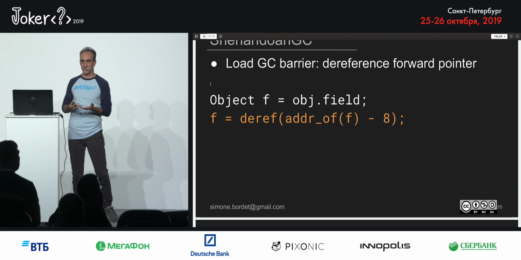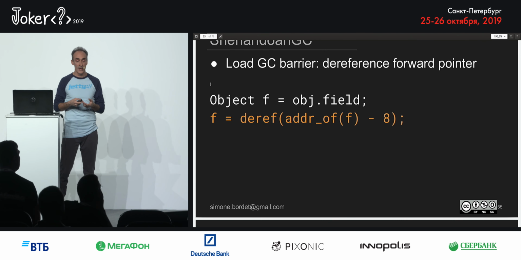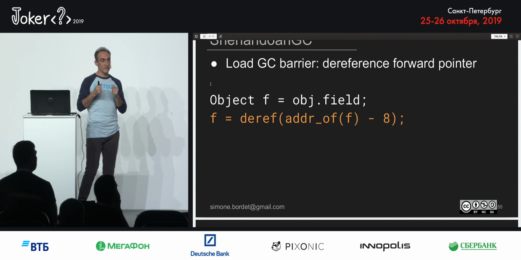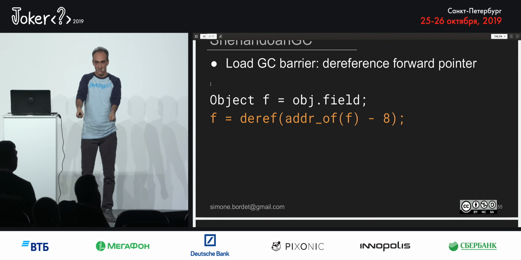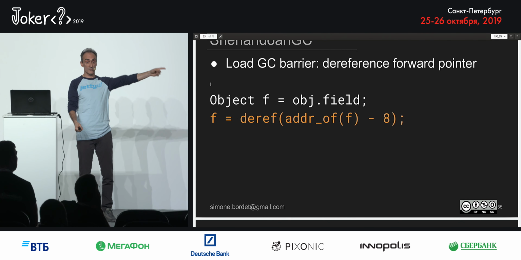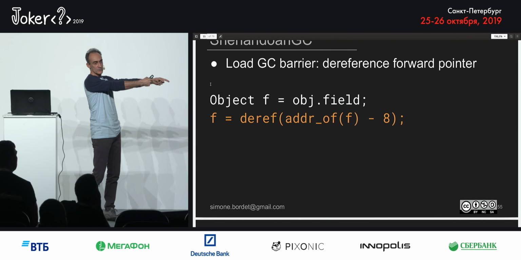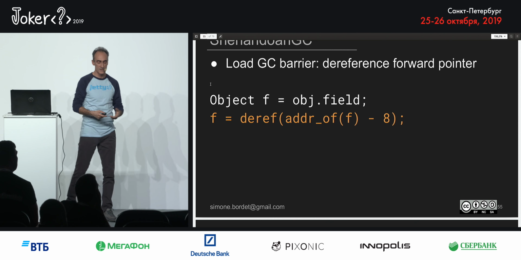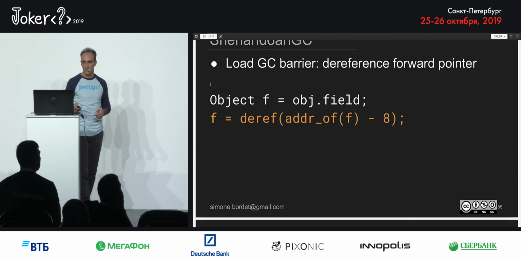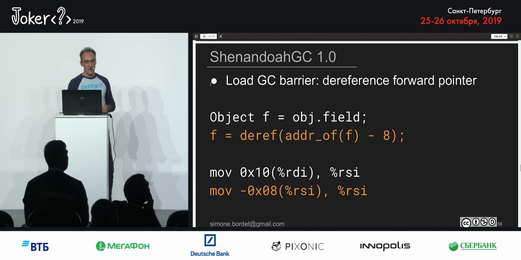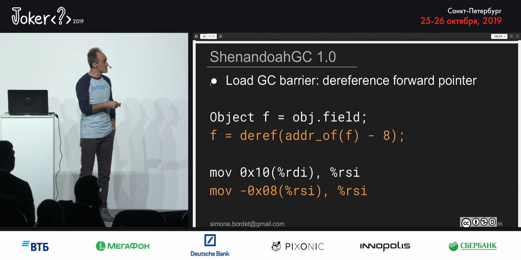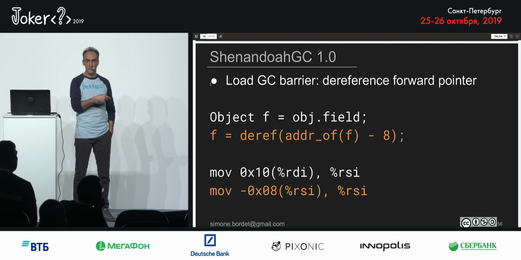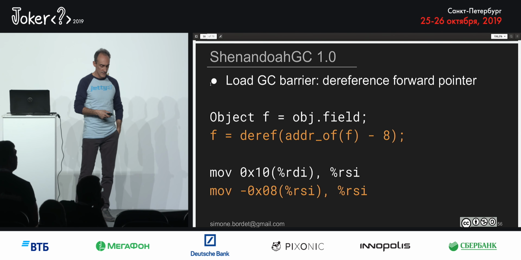So it's basically almost a no-op, right? But it's needed because in the rare cases where the forward pointer is not pointing to the same object, but to another copy, then I need to follow the other copy, right? So I always need to be sure of that. Again, in assembly, this looks like this. The first initial part is the same. The RSI register contains the address of the field, the pointer to the field.